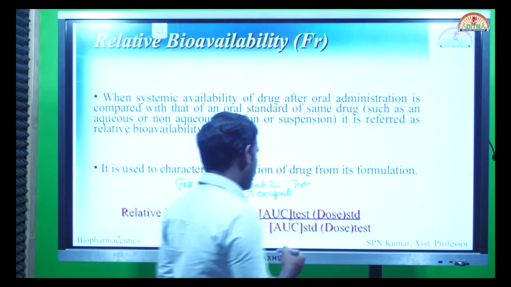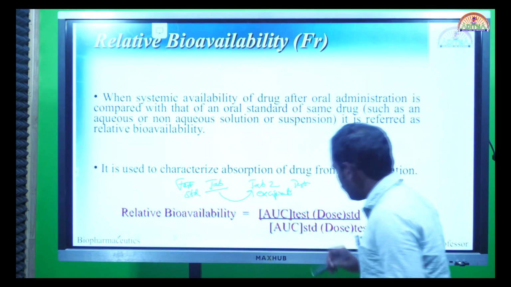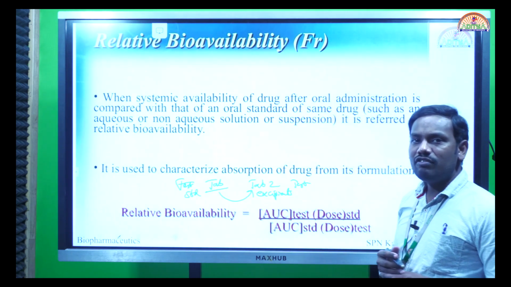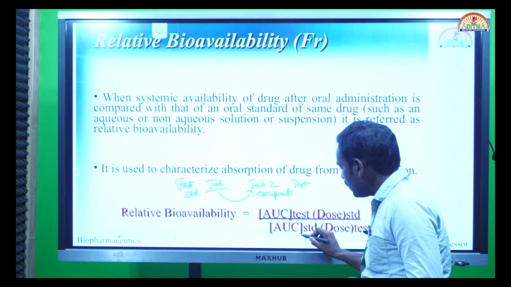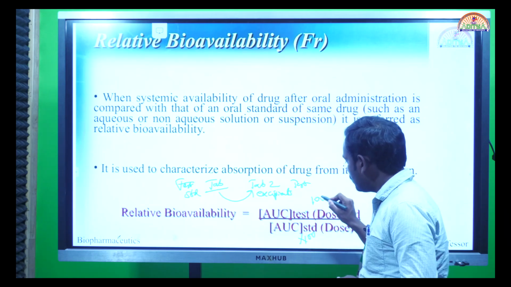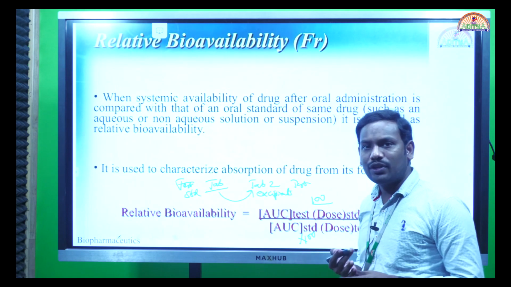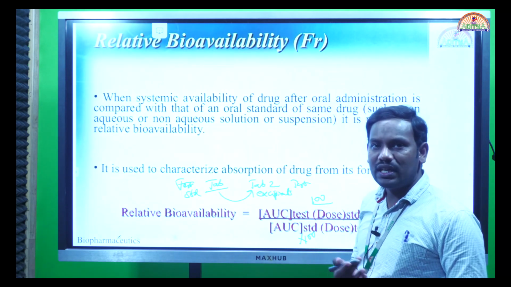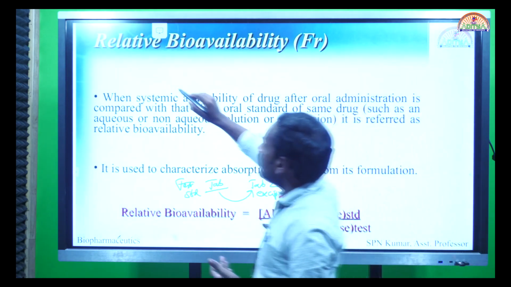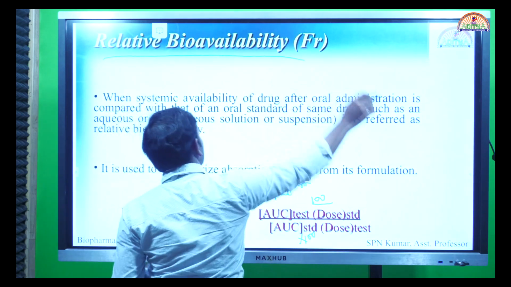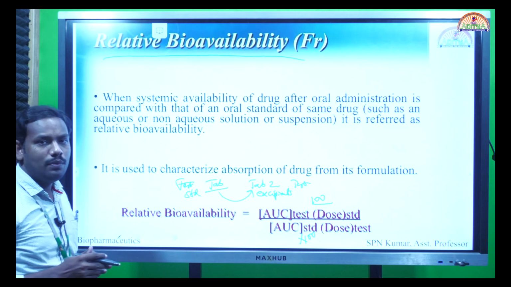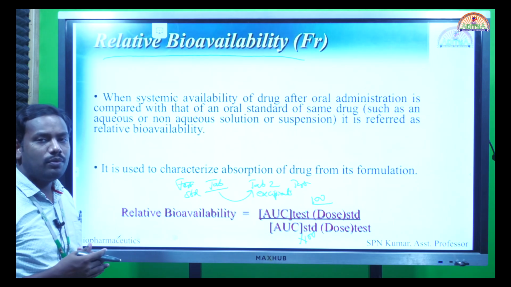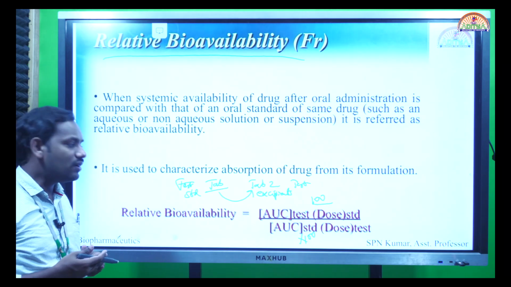So such a comparison of AUC between test and standard is called relative bioavailability, because here neither the standard is 100% nor the test is 100%. So this comparison is not with respect to 100. This comparison is somewhat lesser than 100. Hence it is called relative bioavailability. So absolute bioavailability is in comparison with IV. Relative bioavailability is in comparison with some other formulation whose bioavailability is less than 100%.